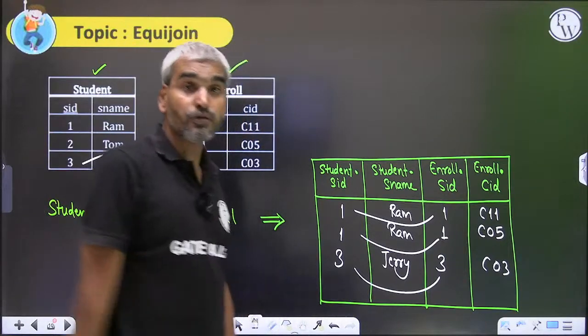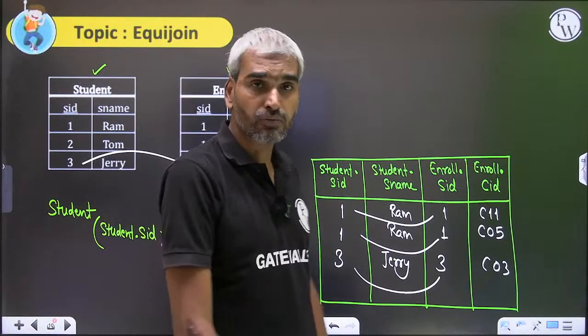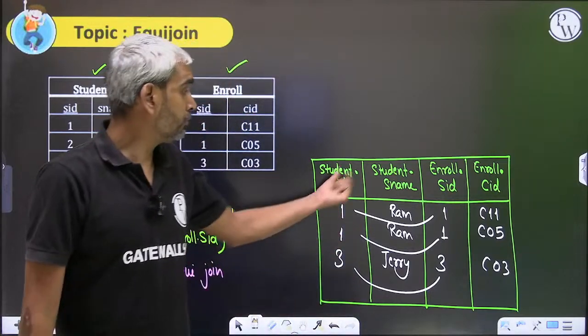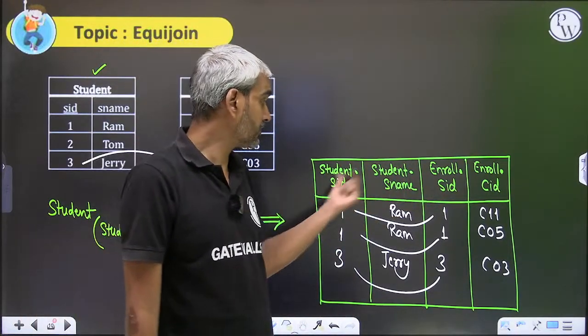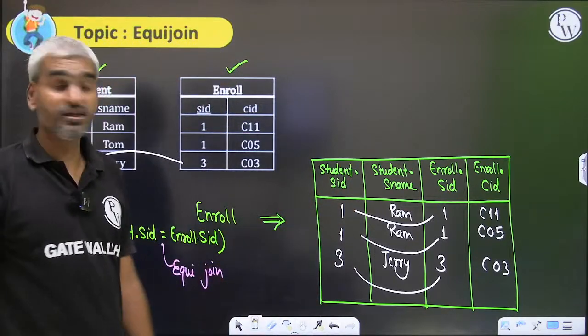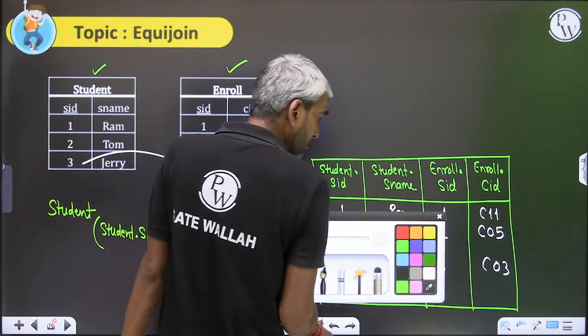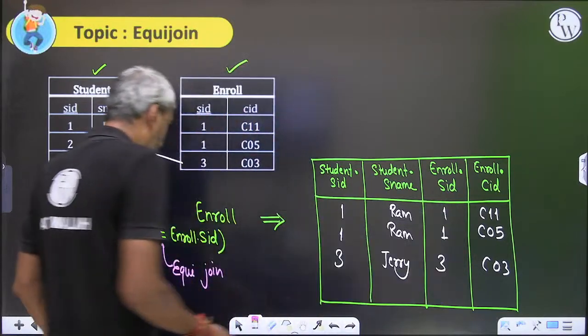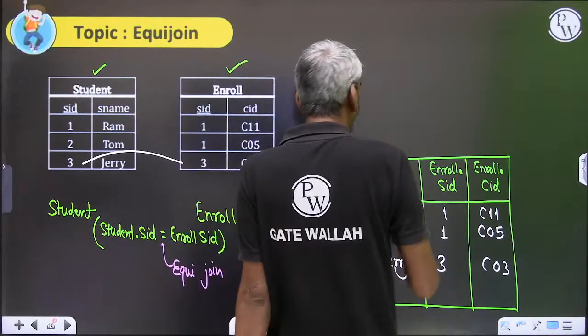Now, if you are performing the equi-join operation, attribute SID, though it is a common attribute, will be present with respect to both the relations. Clear? So that's the difference. That's what makes the equi-join different from the natural join. So what's the idea?